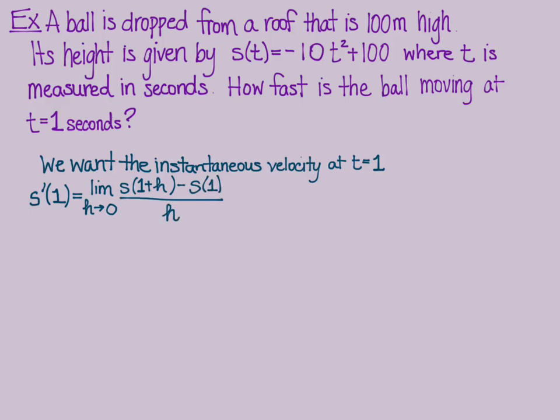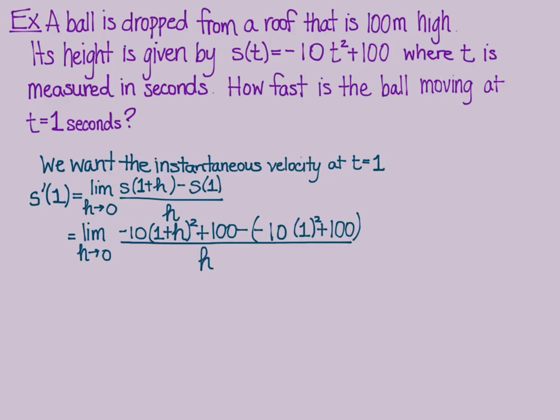Using the limit definition, we have the limit as h goes to 0 of s of 1 plus h minus s of 1 over h. We plug in 1 plus h into my function s of t, and then we subtract what happens when I plug in 1 into my function s of t. Notice that the 100 cancels with the other 100 because we have to distribute the negative sign all the way through.